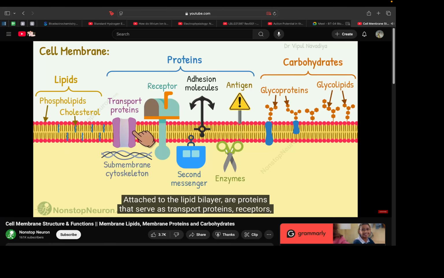Attached to the lipid bilayer are proteins that serve as transport proteins, receptors, second messengers, enzymes, adhesion molecules, submembrane cytoskeleton, and antigen. And we also have carbohydrates, making the outer coat, called glycocalyx. The carbohydrates give the cell surface a negative charge, help one cell to attach to the other, serve as receptors, and participate in immune functions. That's it for this video.